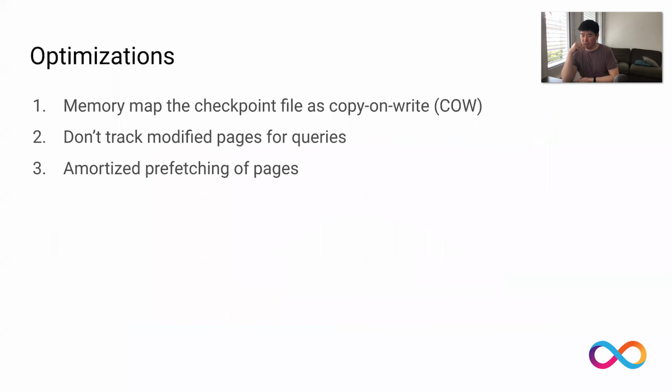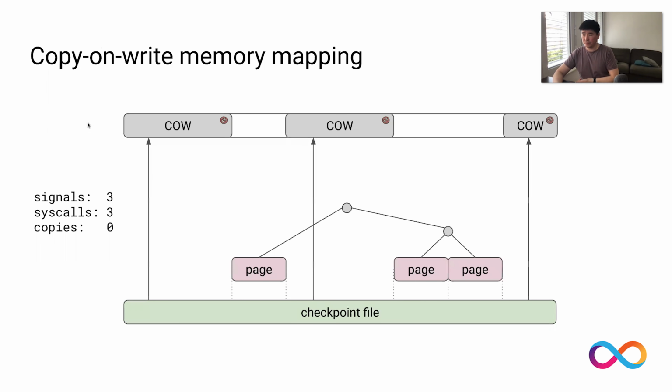And to fix it, we implemented three optimizations that I will describe now. The most impactful one turned out to be the last one, but the first two also help a lot. The first one is based on the observation that if the memory is coming from the checkpoint file, we can simply map everything that is not overlaid by the modified pages.